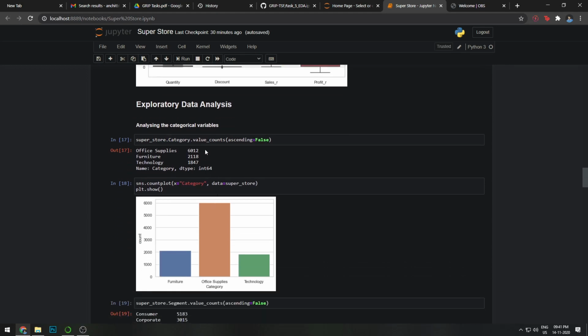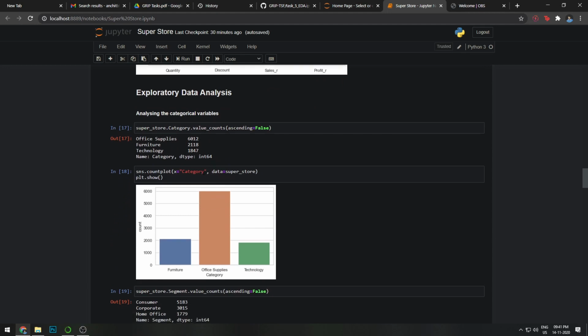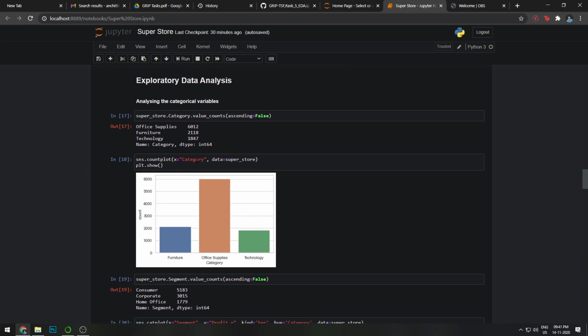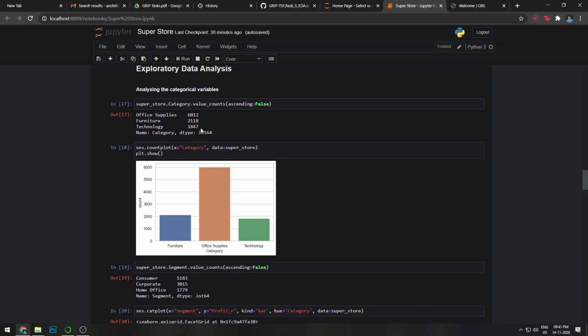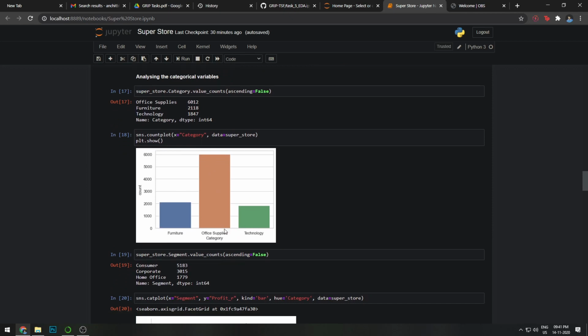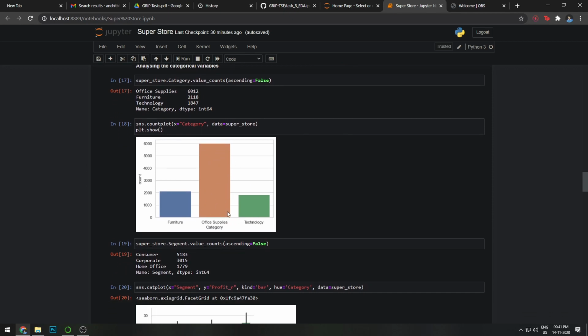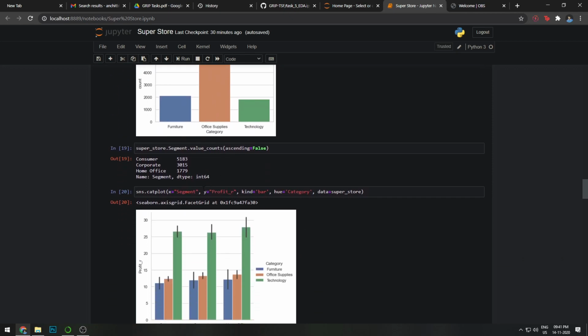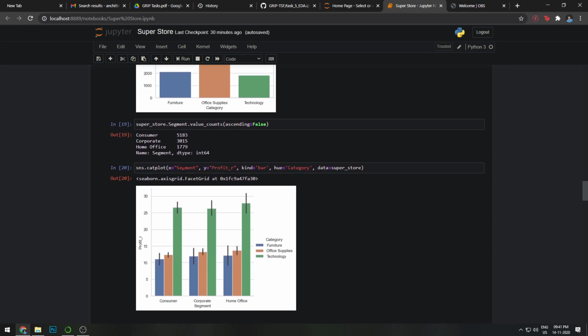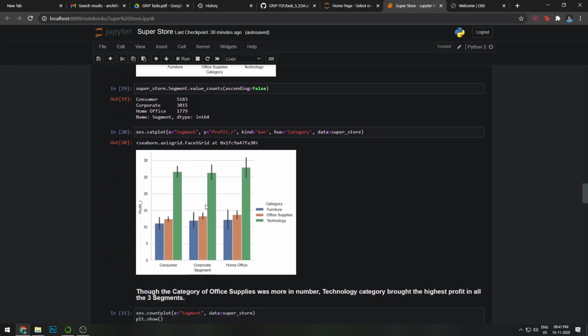Now we'll do our EDA. So first, since we have categorical variables present in the dataset, the first case is the category. We can see from the numbers, along with the graph, that office supplies are largest in number. Now we'll do a cat plot between segment and profit.